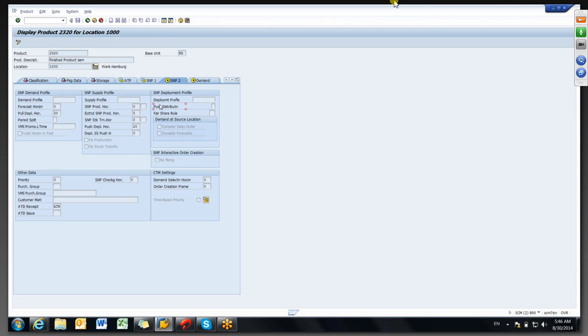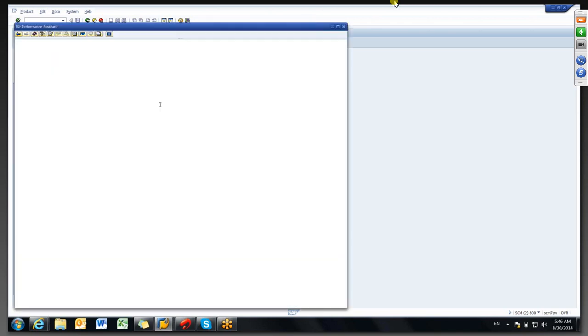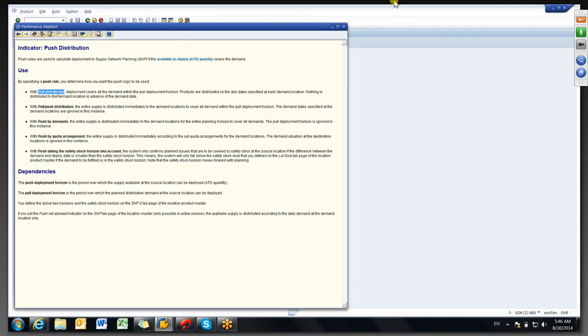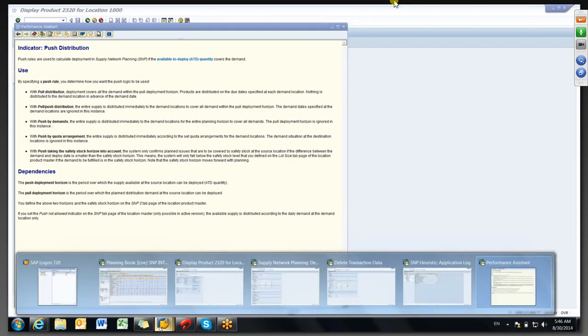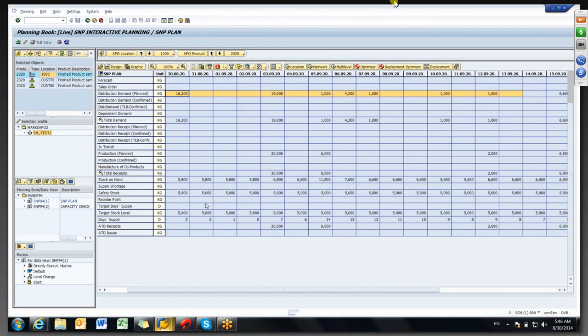We'll maintain one here. Pull distribution. If we don't give anything, it will take it as pull distribution. Pull distribution means deployment covers all the demand within the full deployment horizon. The distribution is due on the due dates. What happens is, when you observe here, it will pull the demand within the pull horizon.